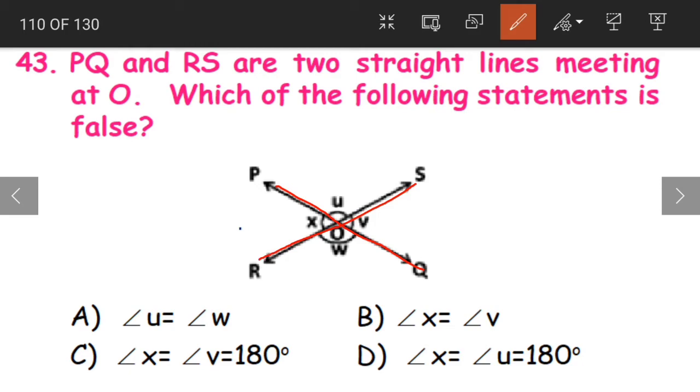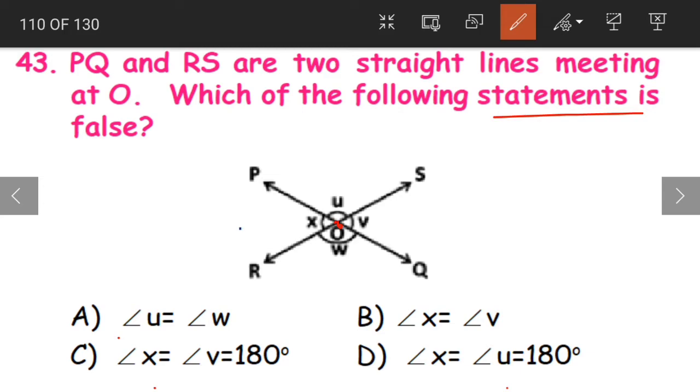They are meeting at O. This is the intersection, point of intersection. Where two straight lines are meeting, it will be called the point of intersection. Now based on this figure and from the given options, we have to choose which statement is false.